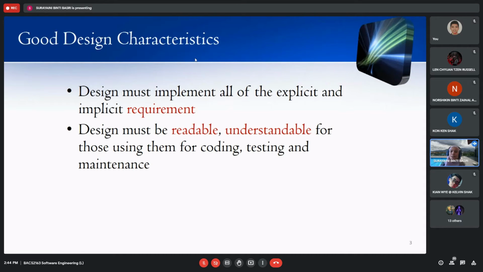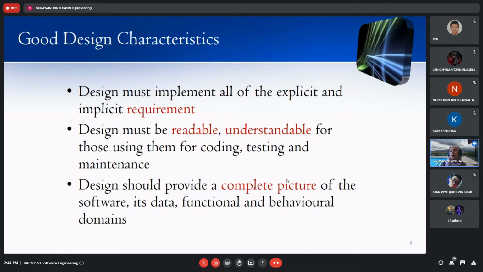That's why the SRS is a very important document. Even if you are using agile methodology, where in principle they say it will only use minimal documentation, even in agile they will make sure that they have the SRS, because the SRS is the most important document. So your design must be readable and understandable.